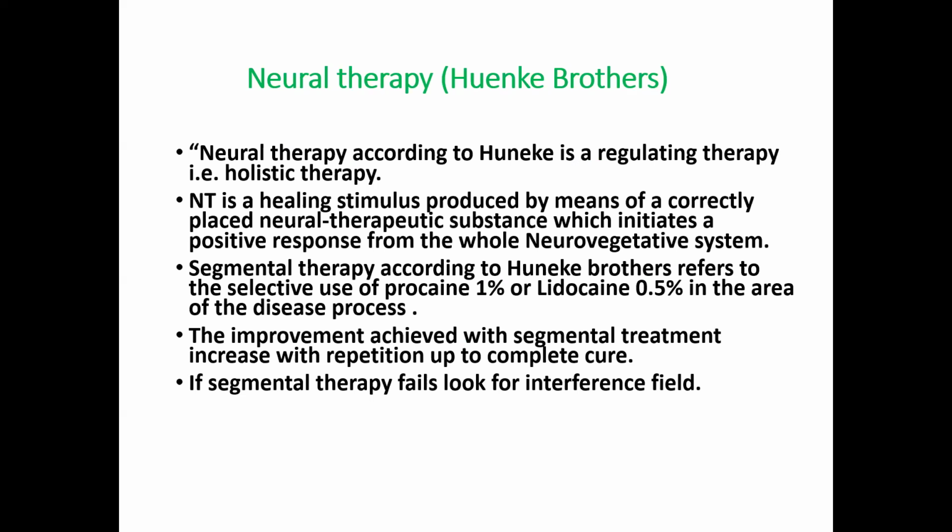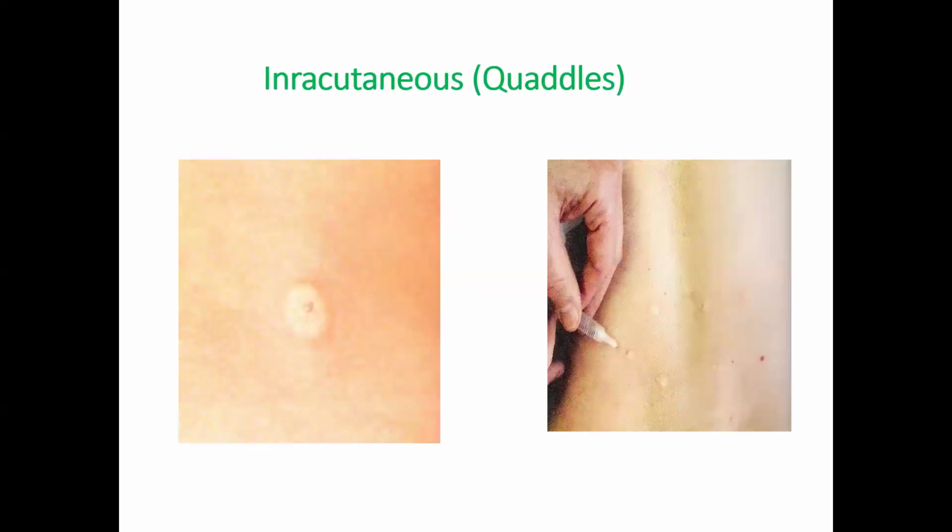Segmental therapy, according to the Huenke brothers, refers to selective use of procaine 1% or lidocaine 0.5% in the area of the disease process. If segmental therapy fails, look for interference fields. This is how we do neurotherapy.